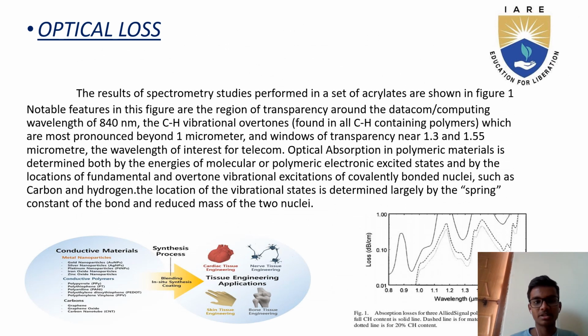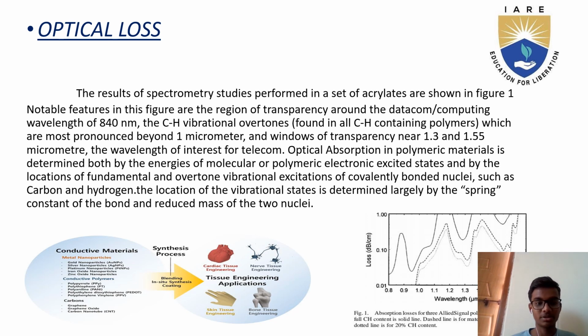Now let's discuss different properties and different kinds of behavior of polymers. Optical loss is one of the important properties of polymers. The results of spectrometry studies performed on a set of acrylates are shown in figure 1.